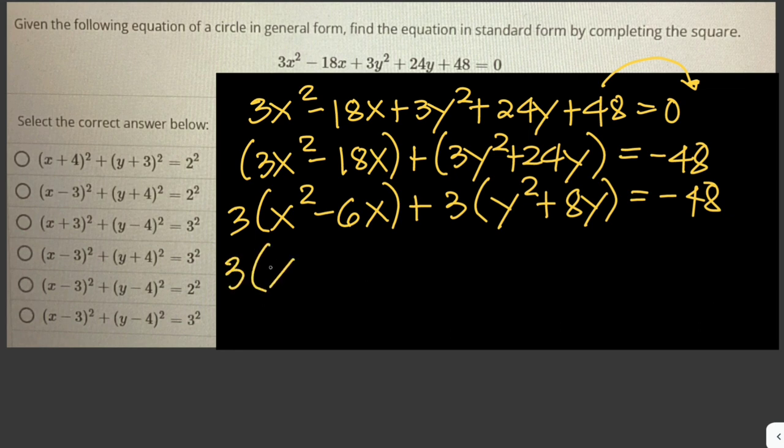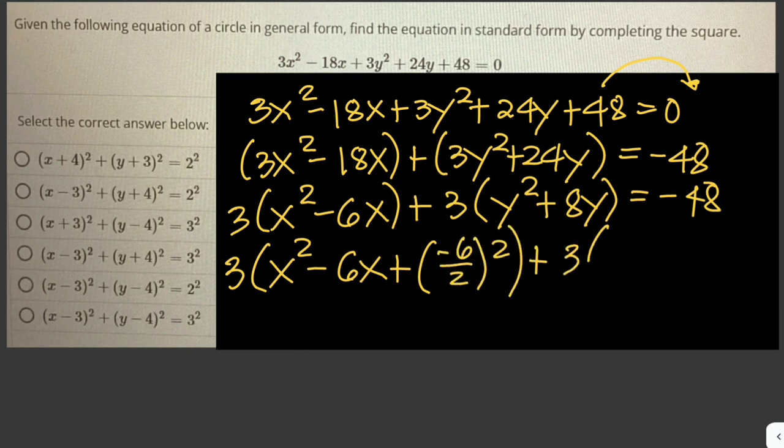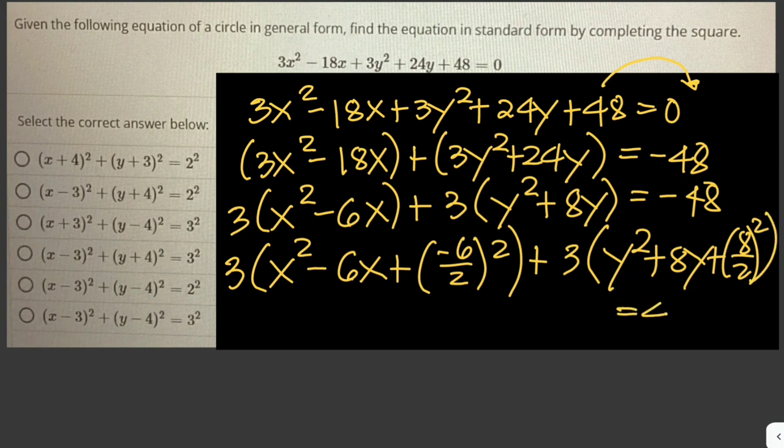So this is 3 times x squared minus 6x plus negative 6 over 2 squared plus 3 times y squared plus 8y plus 8 over 2 squared equals negative 48. And then we can further simplify.